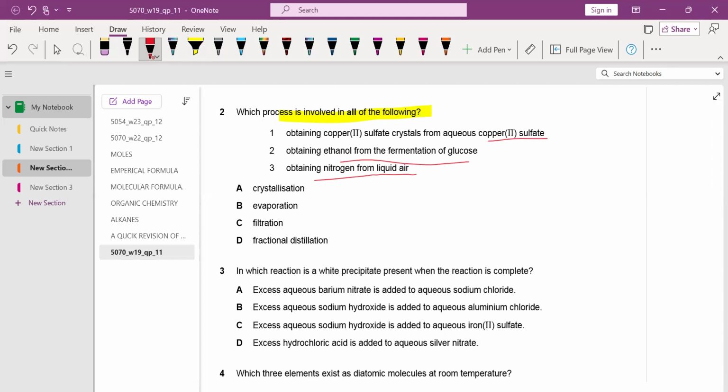Obtaining nitrogen from liquid air means evaporation. Obtaining ethanol from the fermentation of glucose, evaporation. Obtaining copper sulfate crystals from aqueous copper sulfate is also evaporation. So option B is correct for question number 2.